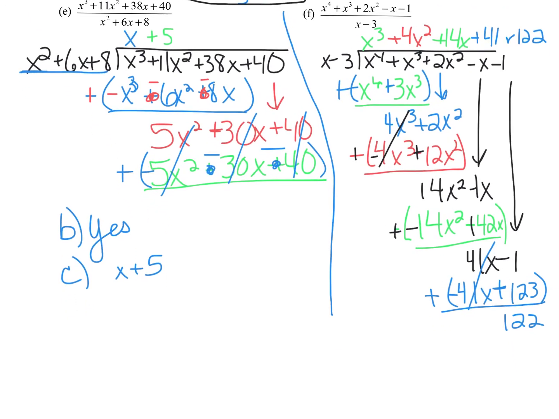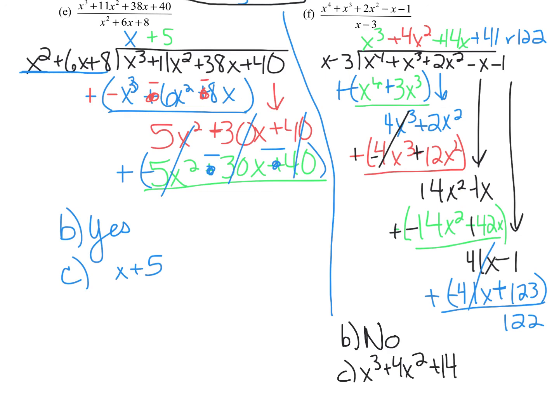You could have negatives, you could have really large remainders, it's not a problem. So here, part B, definitely no for the factor question. And part C, I have x cubed plus 4x squared plus 14x plus 41 plus 122 over x minus 3.